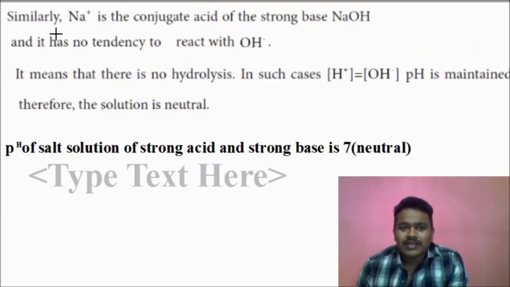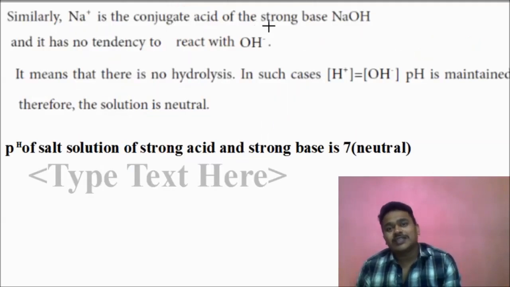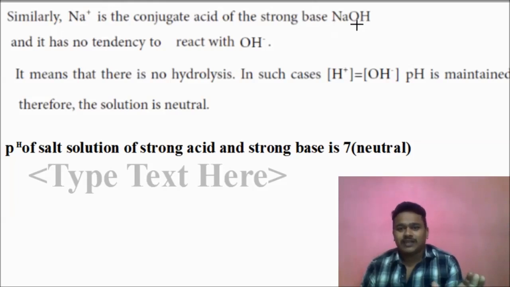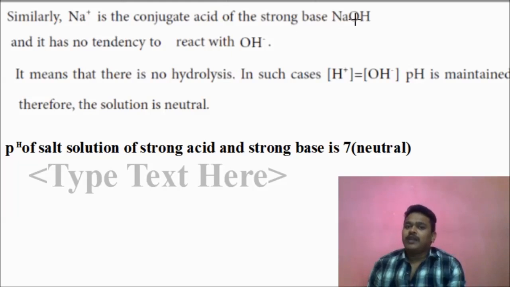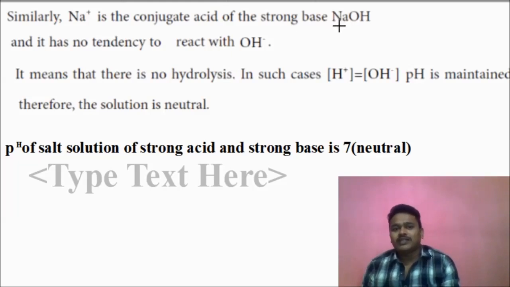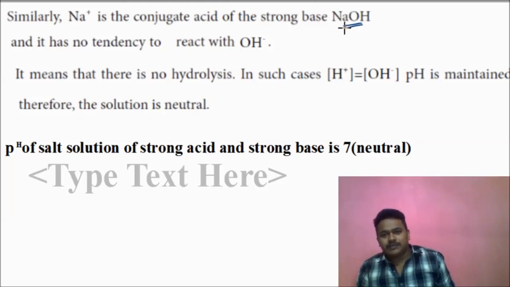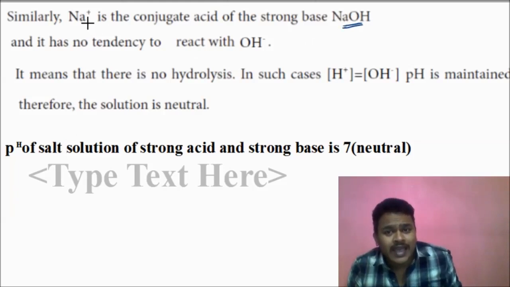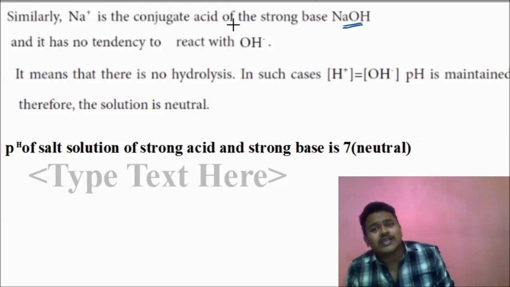Na plus is a conjugate acid of a strong base. We know about the conjugate acid-base concept. Everybody knows NaOH is a base.